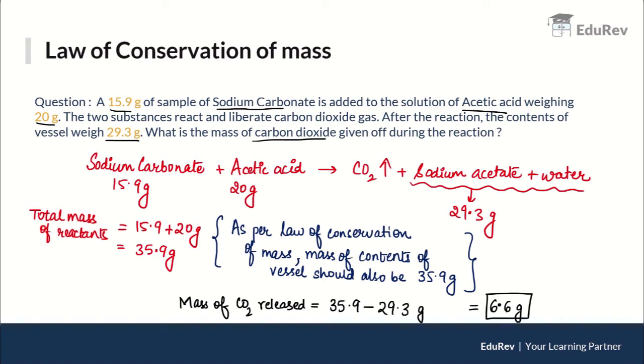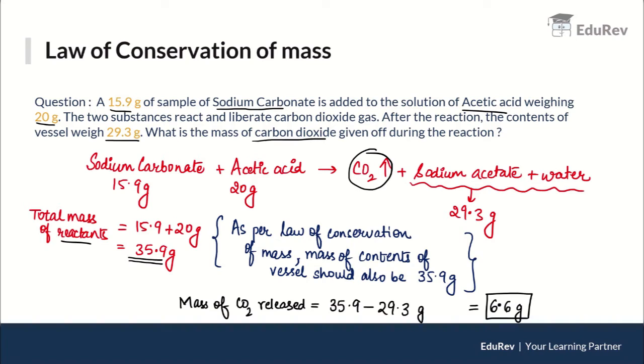If I have to write this reaction, I can say sodium carbonate plus acetic acid releases carbon dioxide, and the other products formed are sodium acetate and water, right? The total mass of reactants given is 15.9 plus 20, which gives me 35.9 gram.